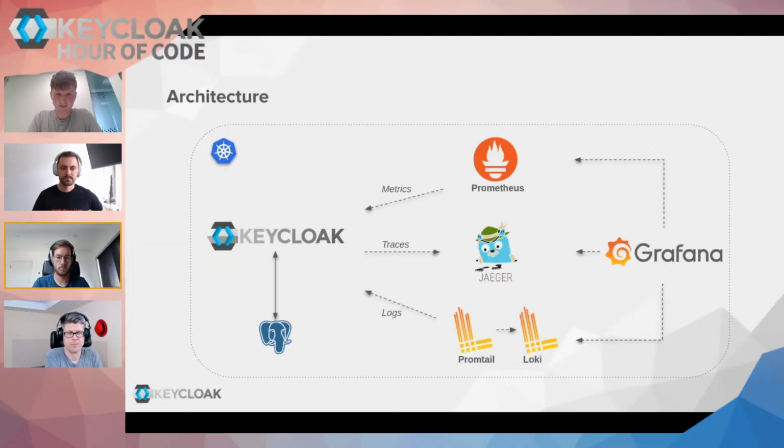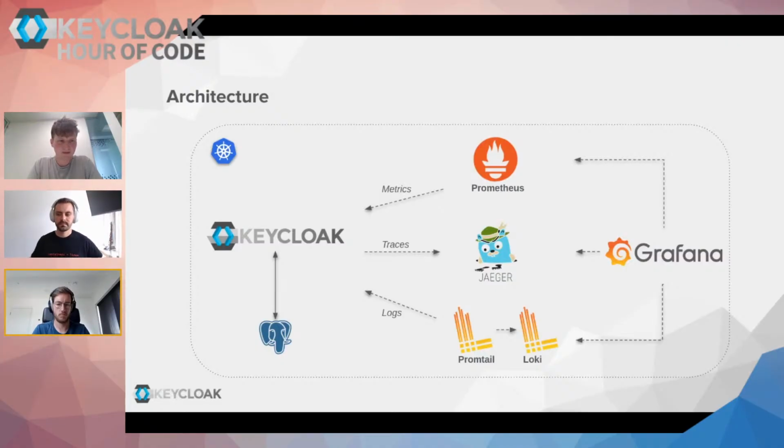For this demo, the architecture we're using is based upon de facto standard tools. We have a Kubernetes cluster, which is based upon a local Minikube instance I have running. Within that, we have a single Keycloak pod, which is communicating with a Postgres database.